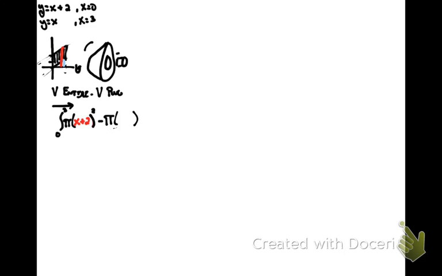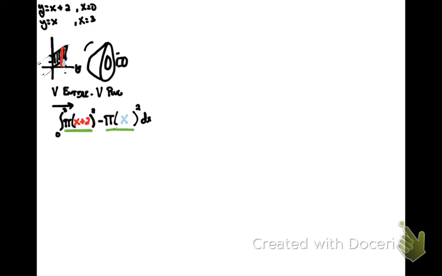So its radius is just x. Not the best choice of blue. So we have first the entire object, its volume when we integrate, minus the volume of the plug, and the difference is the volume of the space left, the ring-shaped thing.